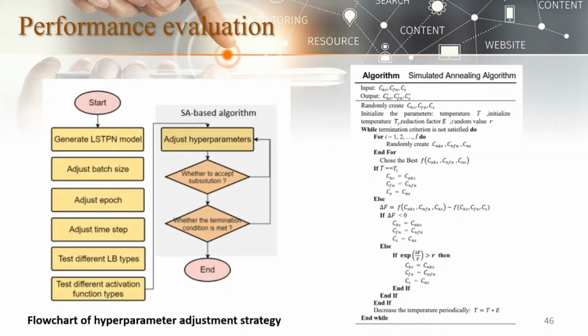We use the simulated annealing algorithm to optimize the hyperparameters of the convolution kernel size, the number of convolution kernels, and convolution strides. A flow chart of the hyperparameter adjustment strategy is shown in the left figure, and the right figure is the proposed algorithm.